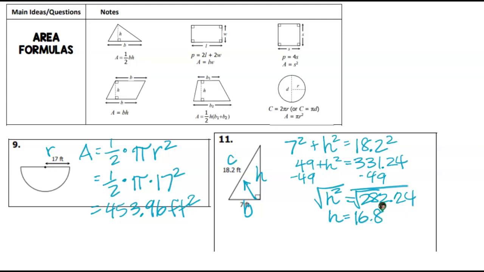All right, now I'm ready to use my area formula. I'm going to do area as 1/2 base times height. So I'm going to take 16.8, and then now that's my height, and then I know my base is 7. So I'm going to multiply that all together, and I will get 58.8, and that is going to be feet squared.